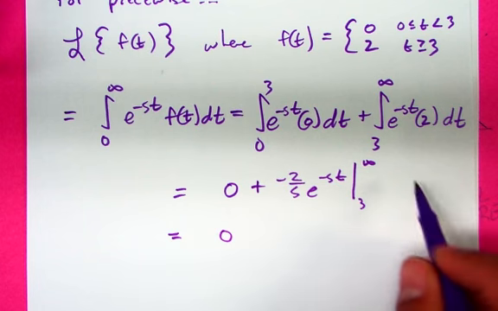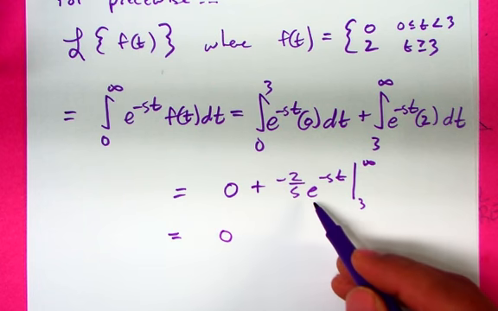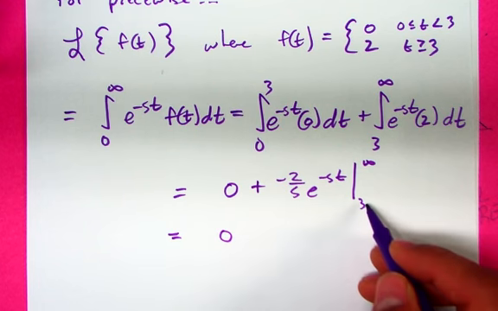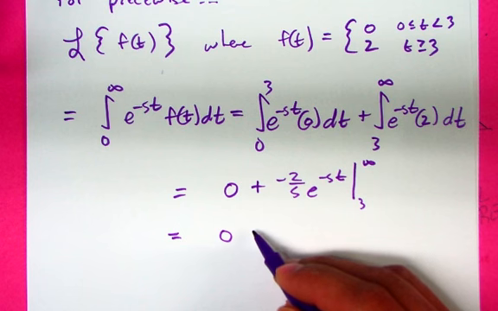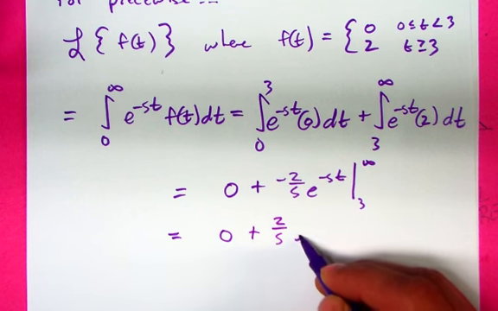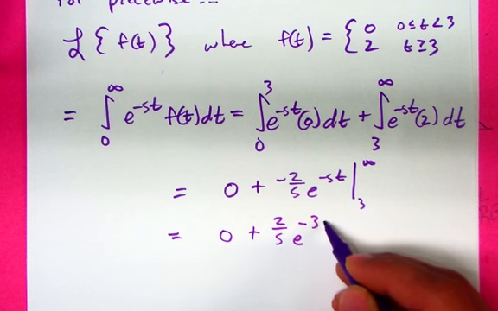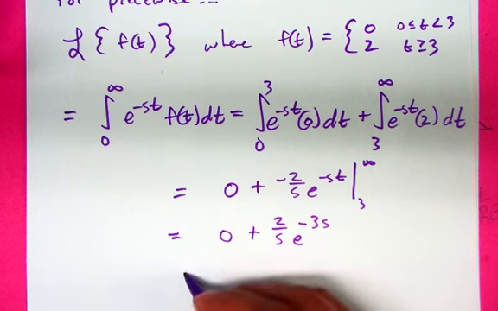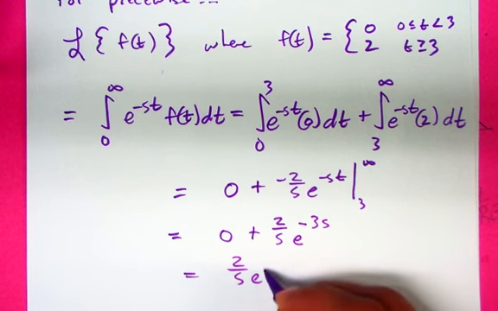The infinity part gives us the 0. The 3 portion gives us a positive 2 over s and an e to the negative 3s. So our answer would just be 2 over s e to the minus 3s.